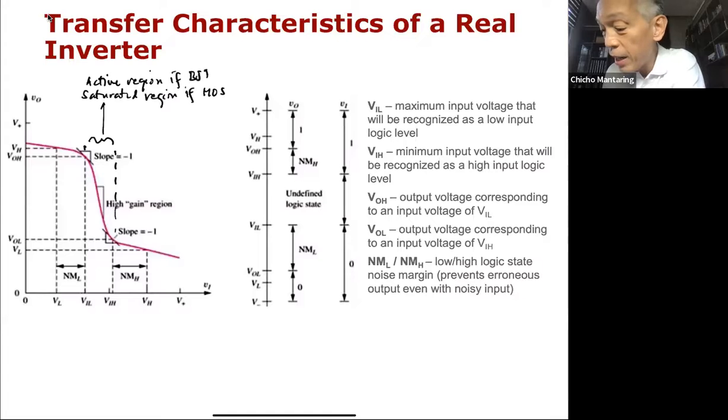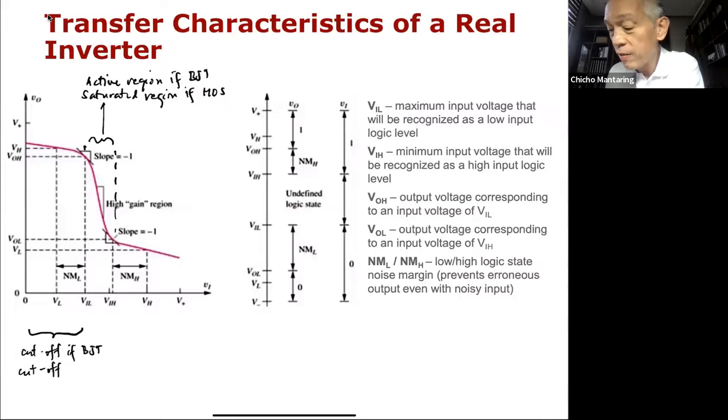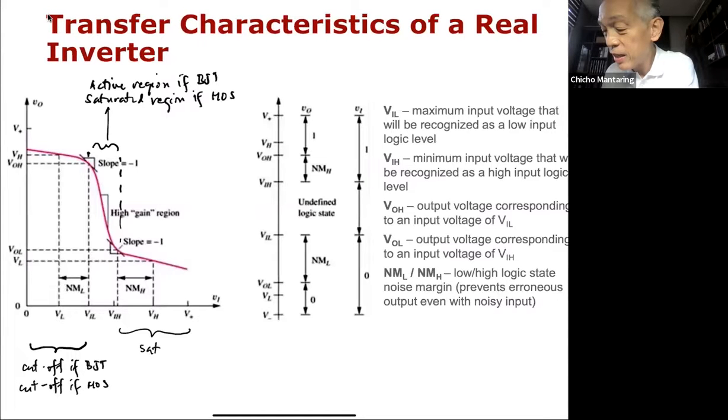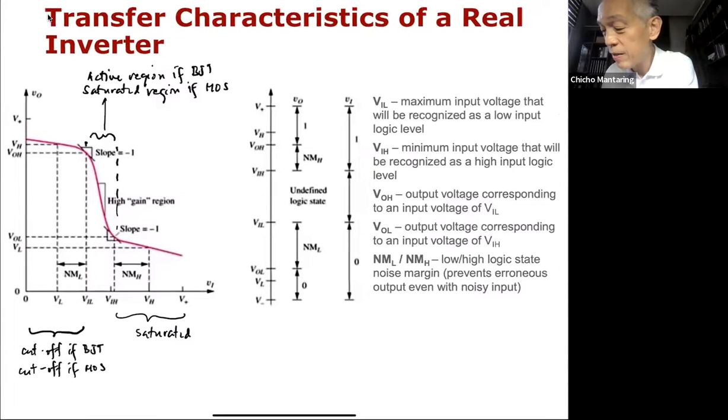On the other hand, ito naman, okay, this is the cutoff if BJT, or cutoff if MOS. And then here, okay, this is saturated if BJT, or this is linear region if MOS.